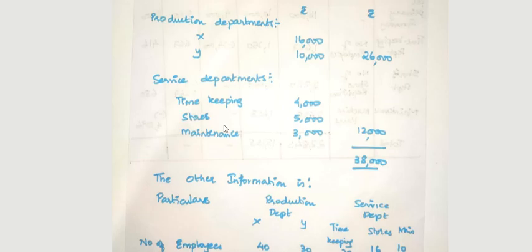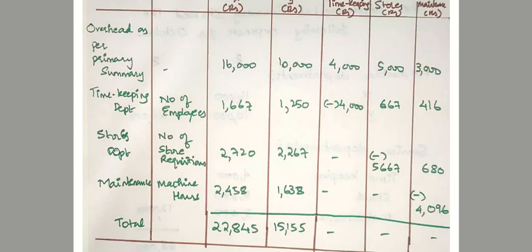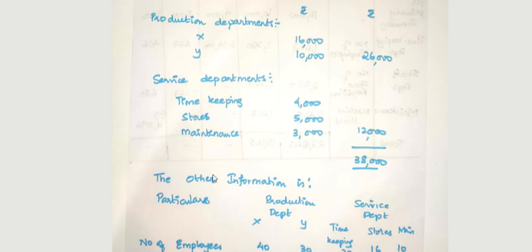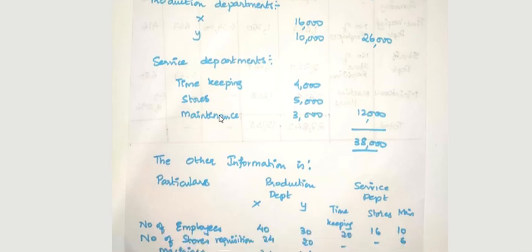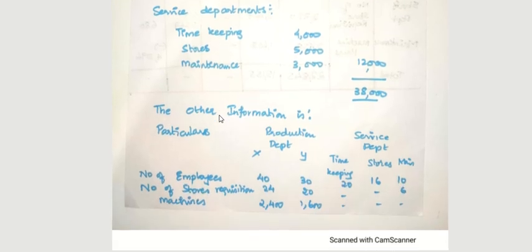So we have 3 departments, which is timekeeping, stores and maintenance. So if you see, it is a step ladder method, so we have to go step by step. In the step ladder method of overhead distribution, first the overhead of the timekeeping department will be considered or apportioned because it provides services to all the departments.